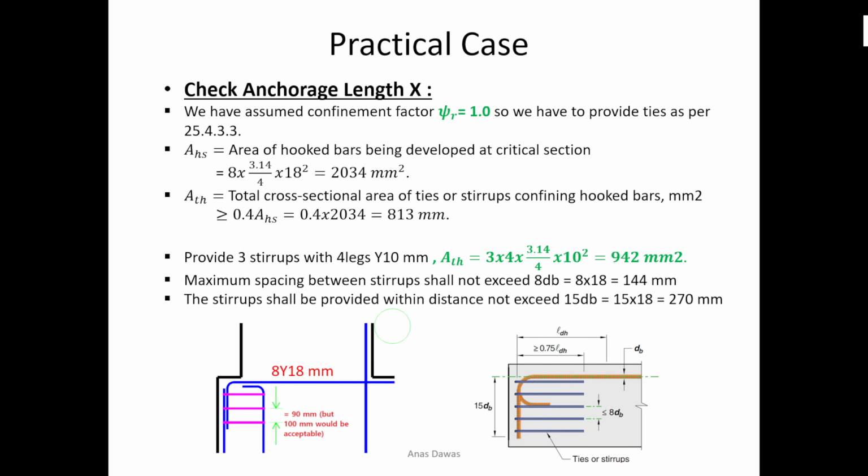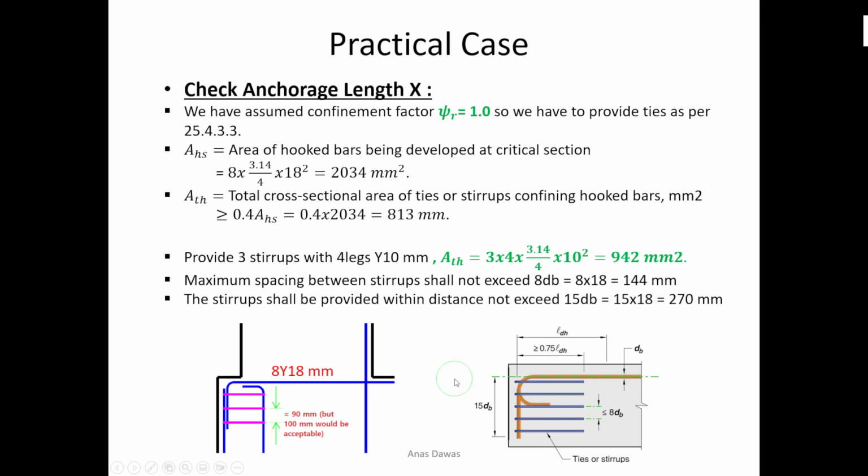We know that the top bars are 8 bars of 18 millimeter diameter, so the area of the hooked bars I can calculate equal to 2034 square millimeter. So the minimum confinement ties that I need should be 40% of this quantity, so 40% is equal to 830 square millimeter.